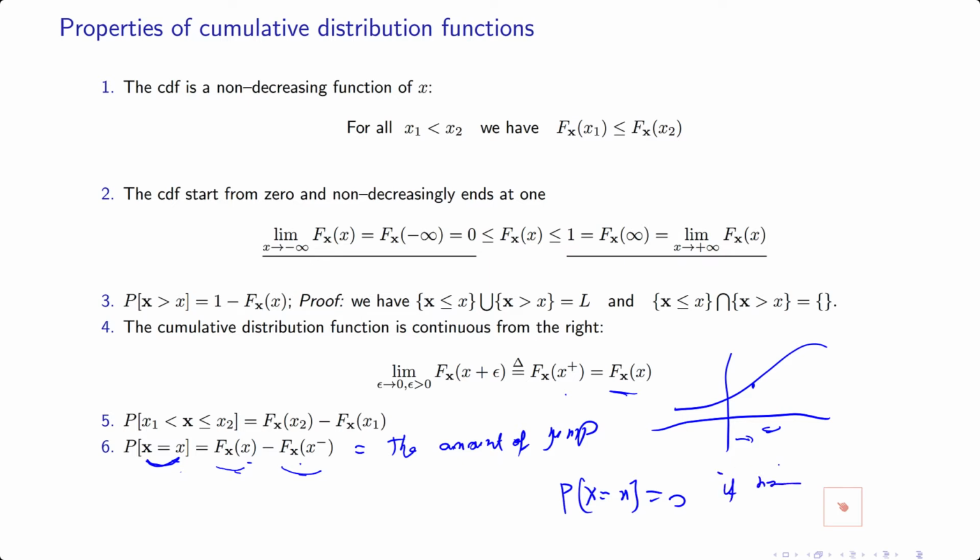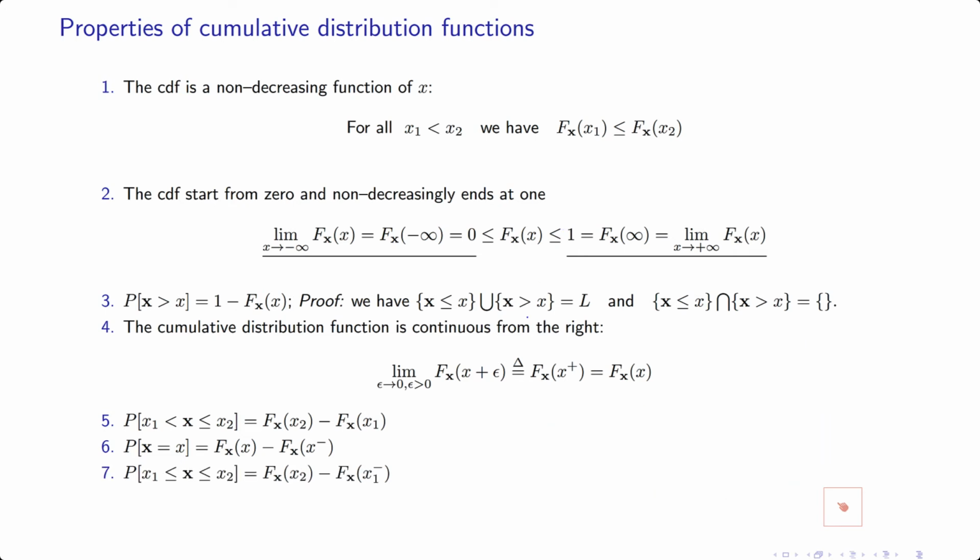But if there is a discontinuity, for instance, if your CDF looks like something like that, and then you have a jump here, the amount of this jump is the probability that this point happens. Let's say x3. So the probability of X being equal to x3 is equal to the amount of this jump. If there is no jump, if your function is continuous, the probability of a given point is 0.